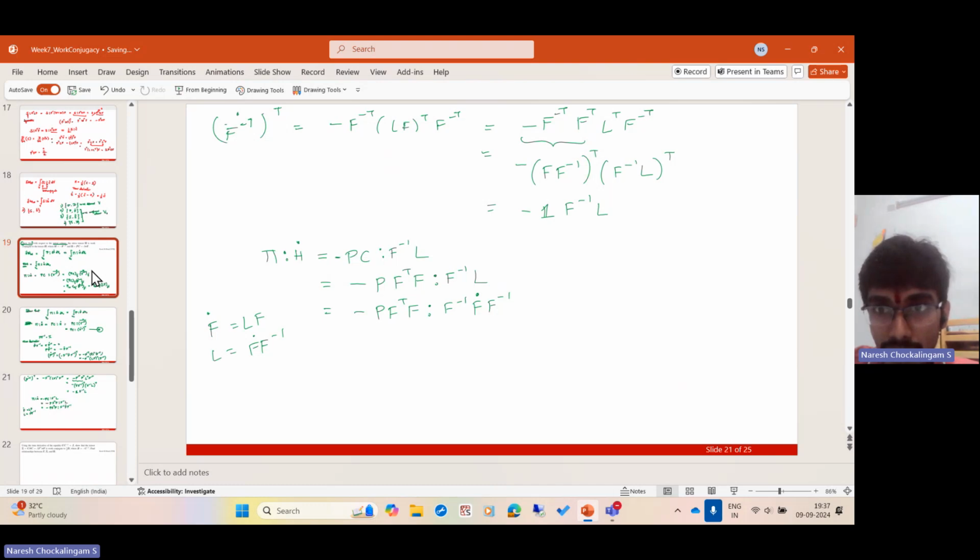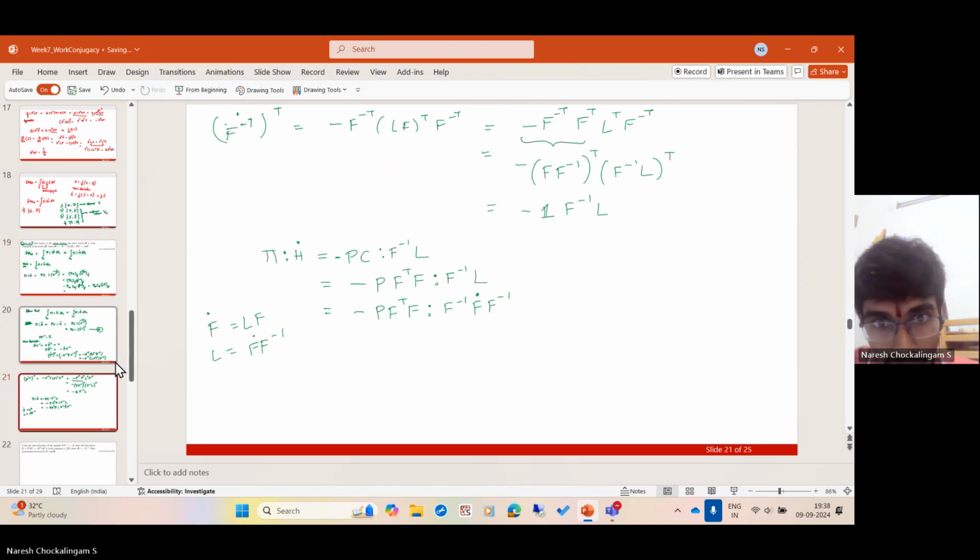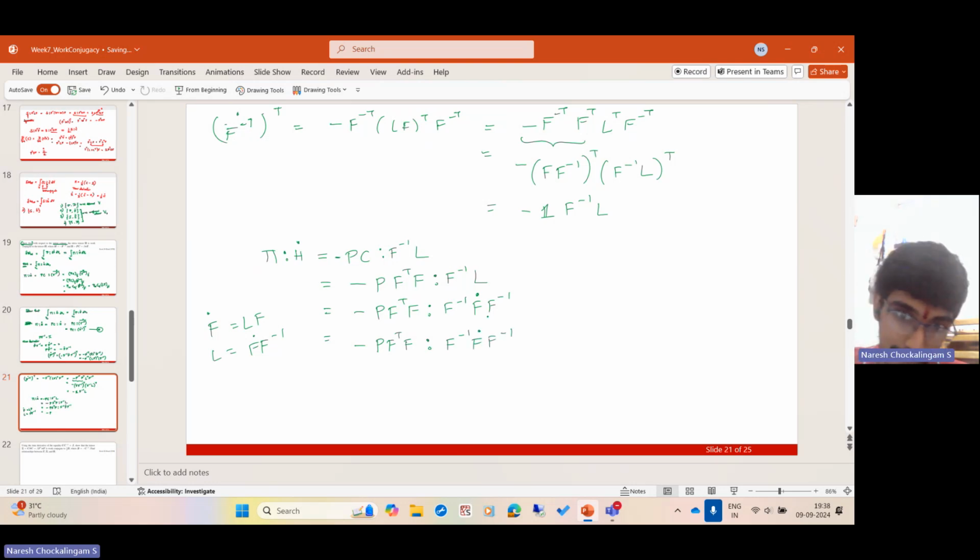What is it we have to prove? J sigma F. Okay. Now see what this quantity is, right? This you can retain as it is: minus F transpose F F inverse F dot F inverse.